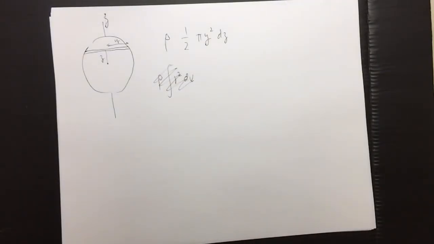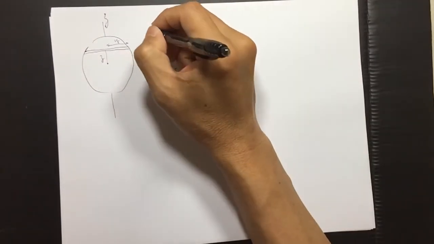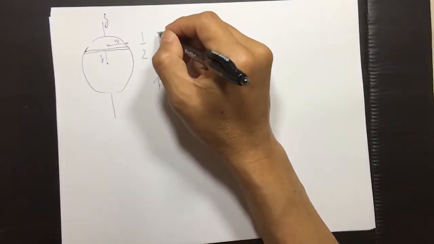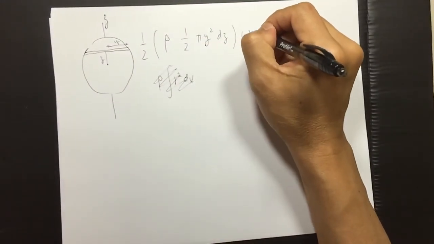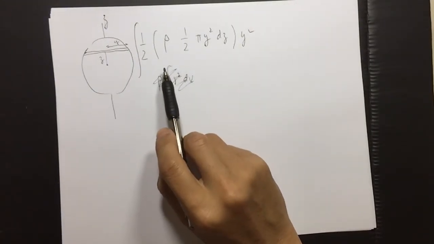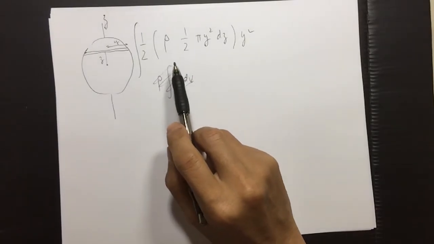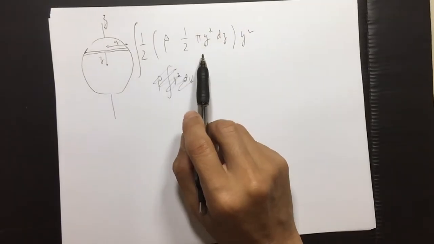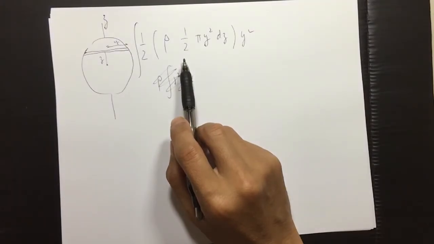So now we put half, r is y, half dm y squared. We want to integrate this. Before we do that, the rho equals, let's deal with this later. Take the pi out.